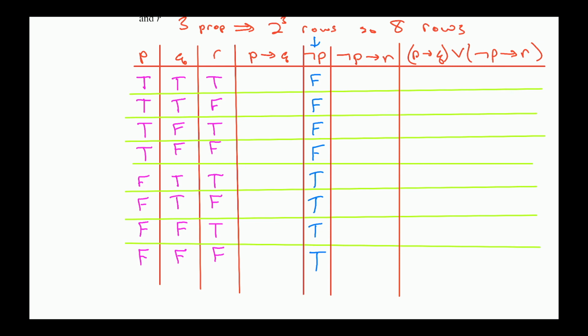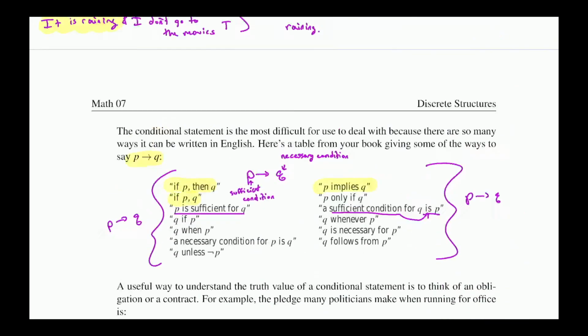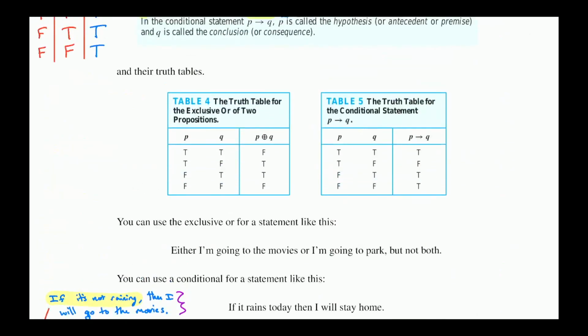Then let's do this one. So we've got a P, which is here. We've got a Q, which is here. And we need to do P implies Q. So you have to remember what the truth table looks like. And the truth table for conditional, because that's a conditional, is here.